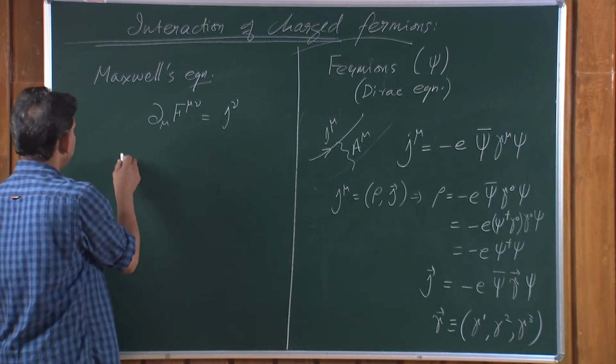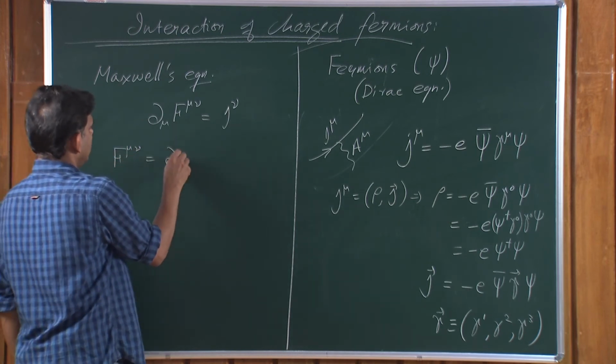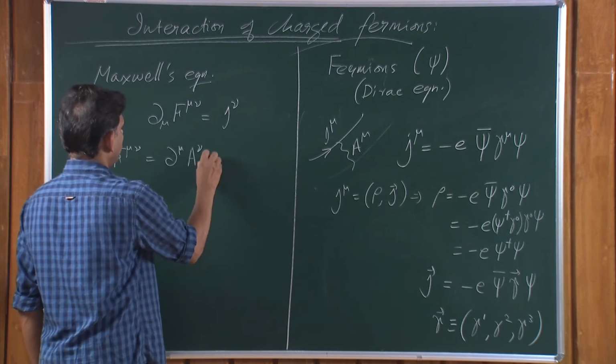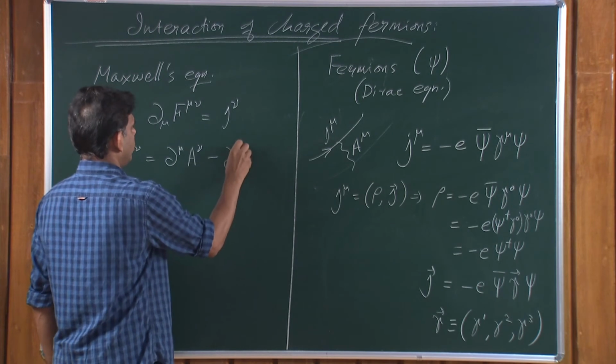This can be written in terms of the potential or the photon field: F mu nu is essentially dou mu A nu minus dou nu A mu.